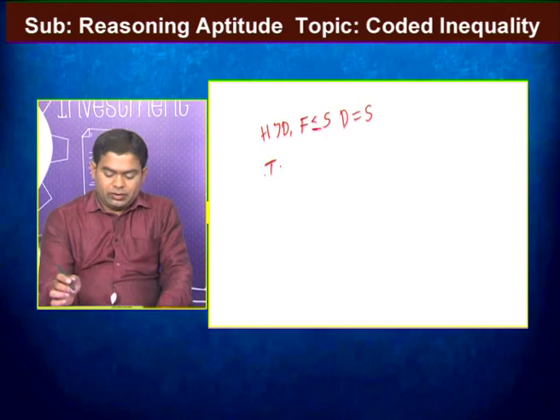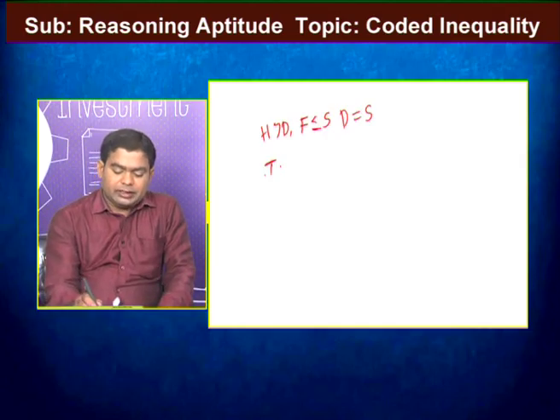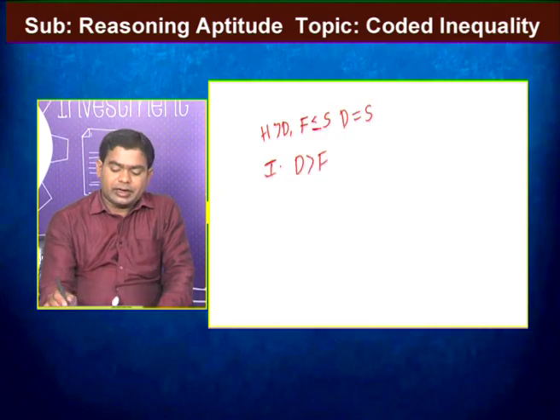Conclusion 1, D at the rate F, at the rate is denoted greater than, D greater than F. Conclusion 2, D delta F, D equal to F.